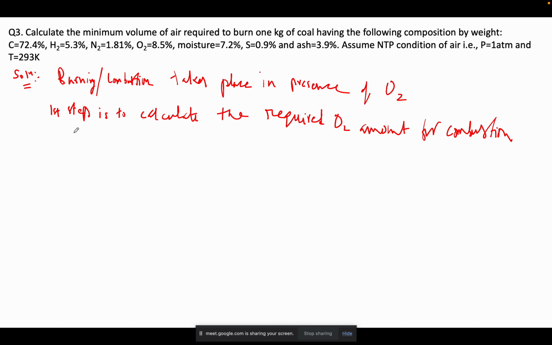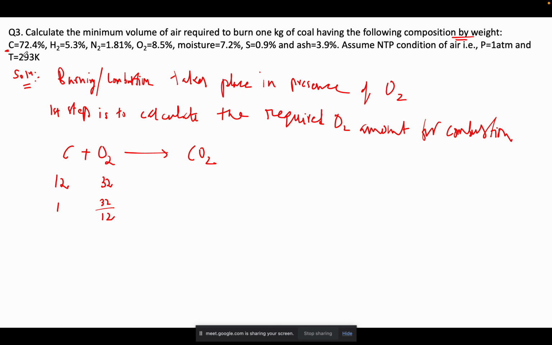Now what are the products that can undergo combustion? So carbon, if it is fully combusted, is forming carbon dioxide. So the first reaction of combustion is this one. Okay, now 12 kg and this is 32 kg. Okay, so 1 kg is what? 32 by 12. Now remember, these are all based on composition by mass.